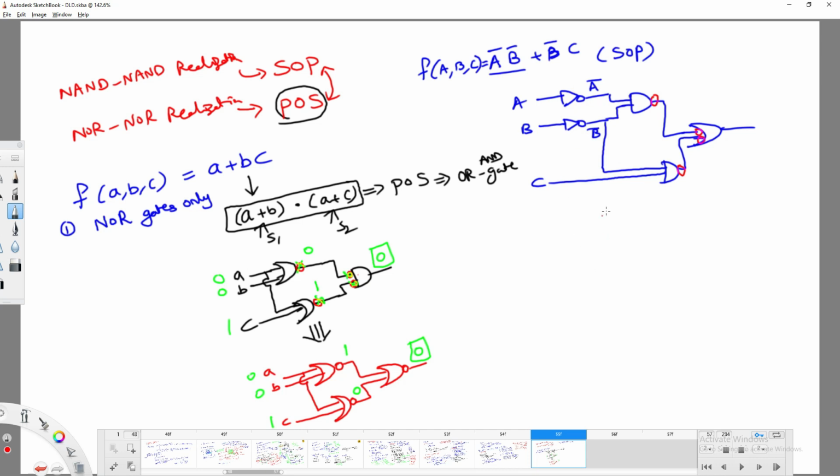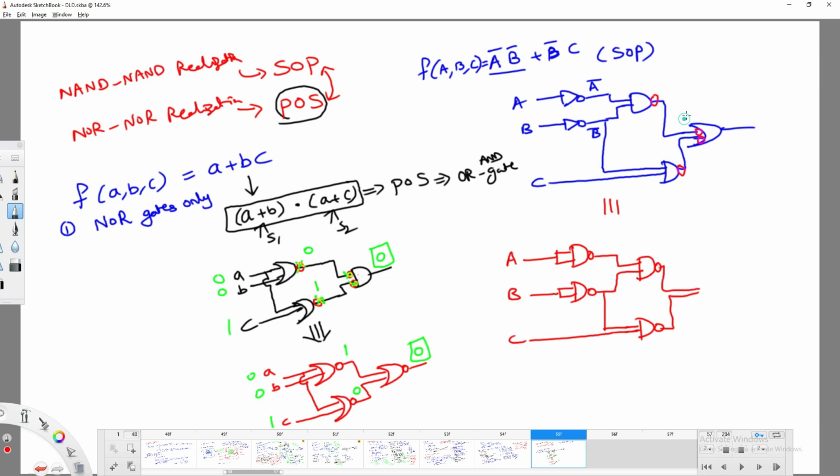So I will redraw. For A, one NOT gate is required; for B also one NAND gate is required, and here obviously we have a NAND gate. I'm just redrawing the same structure above. One more NAND gate is required, and this entire circuit can be redrawn with NAND gates.